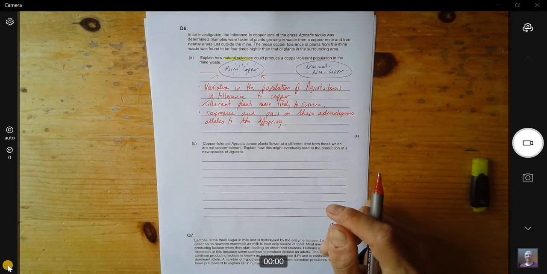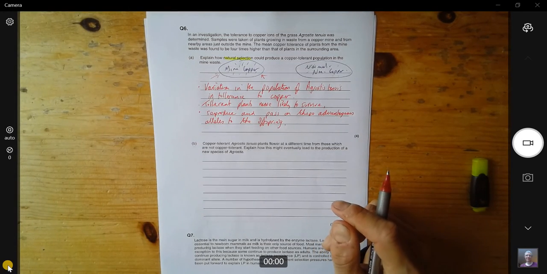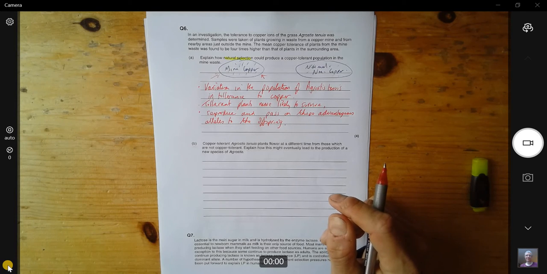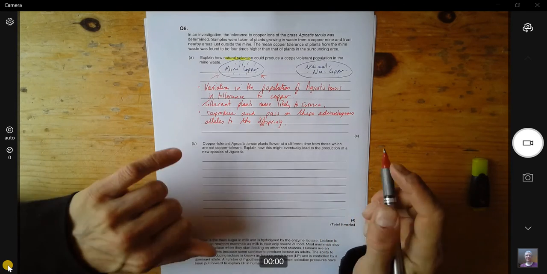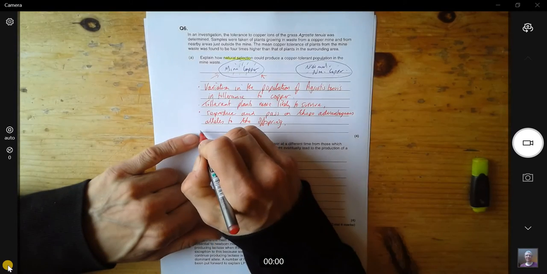And then if you remember the last bit of the theory, well, that increases the frequency of the copper tolerant alleles in the gene pool or in that population.